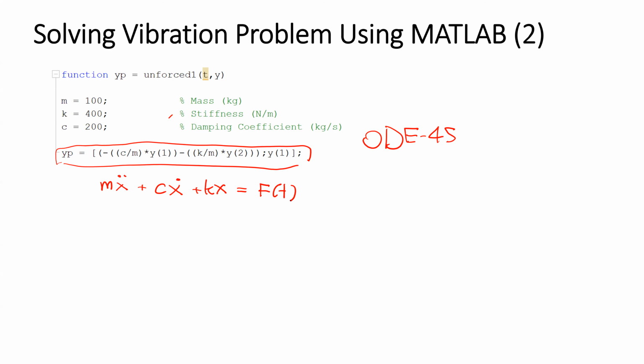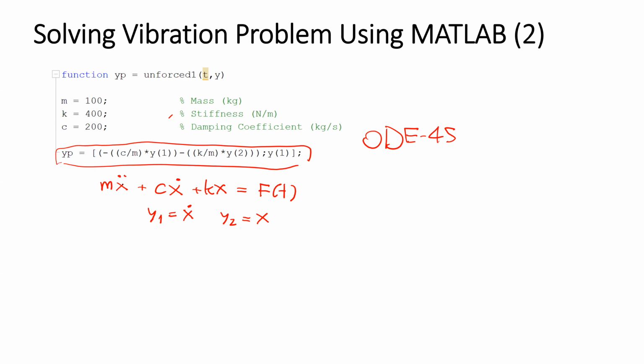We are going to select the state variables y1 equal to x dot and y2 equal to x.